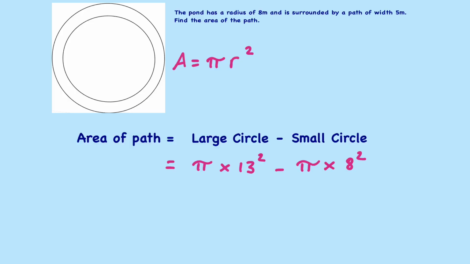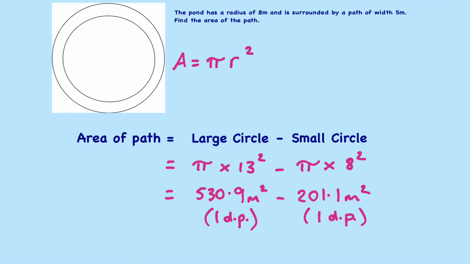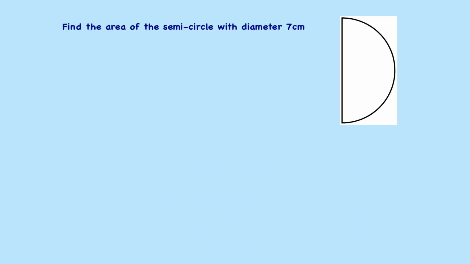So putting these values into the calculator, we get 530.9 metres squared to 1 decimal place, and for the smaller circle we get 201.1 metres squared to 1 decimal place, and subtracting them we get our final answer of 329.8 metres squared.